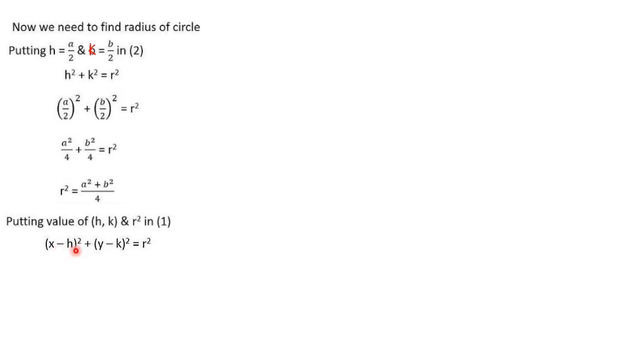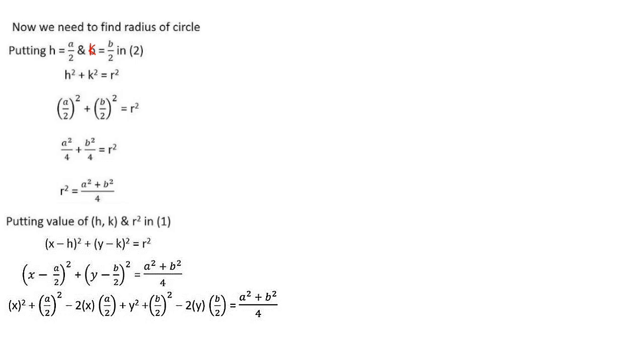x minus h whole square plus y minus k the whole square is equal to r square. This is the general form of a circle. Let's substitute the values. x minus h is a by 2 the whole square, plus y minus k is b by 2 the whole square, equal to r square. r square is a square plus b square by 4. Now only the calculations.